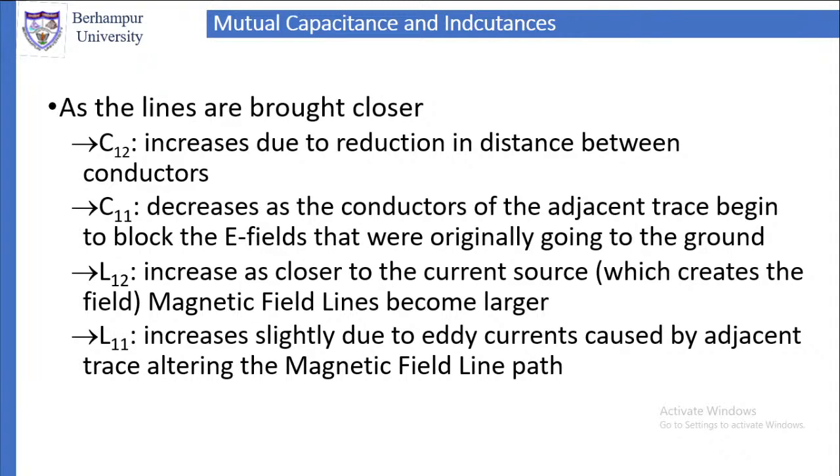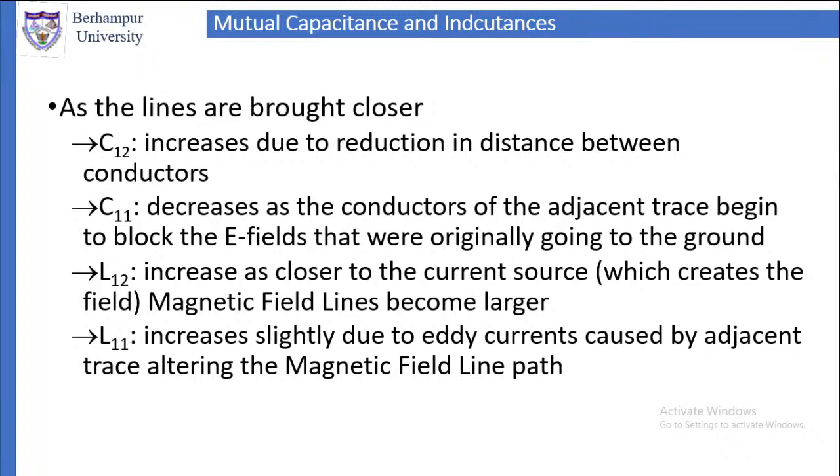On the second conductor, the electric field becomes zero. So the electric field coming from the first conductor will become zero on the second conductor, and it will block a portion of the electric field. Since a portion of the electric field from the first conductor will be blocked, the capacitance due to the first conductor will be reduced. So the self-capacitance will decrease when you bring the lines closer.